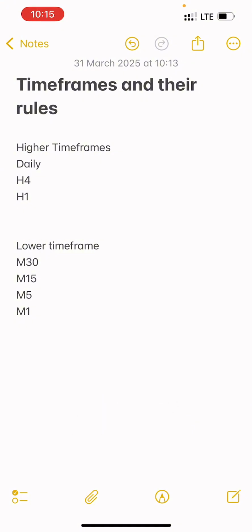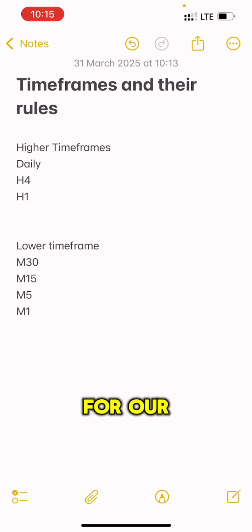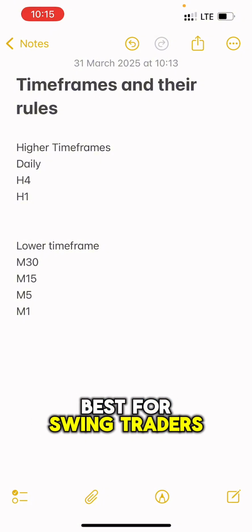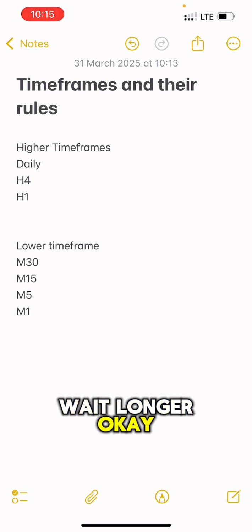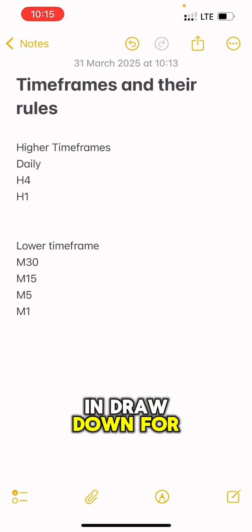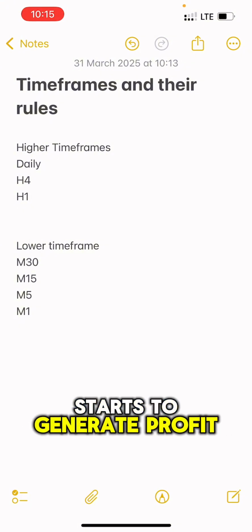Remember that. And swing traders as well, 4-hour upwards, you can also use it. In fact, it works best for swing traders, but you have to wait longer, and you're going to be in drawdown for at least a few hours before price starts to generate profits.